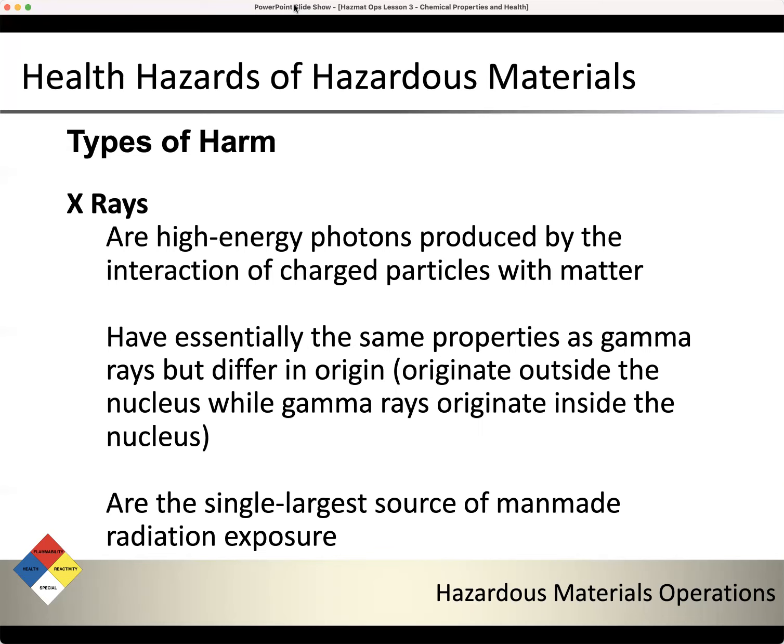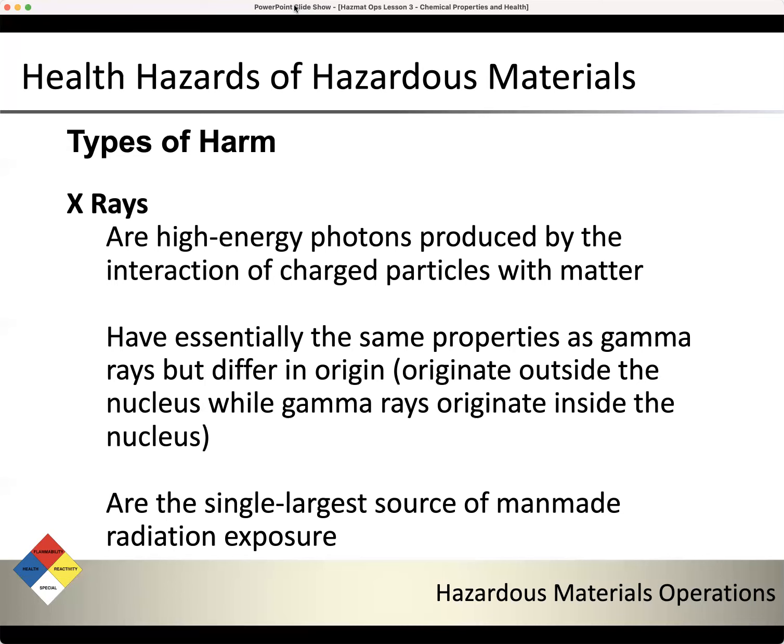So thinking about exposure and contamination, think about which we've talked about so far: alpha particles, beta particles, gamma rays, X-rays. Which of those can you be exposed to? All of them. Which ones of those can you be contaminated with?